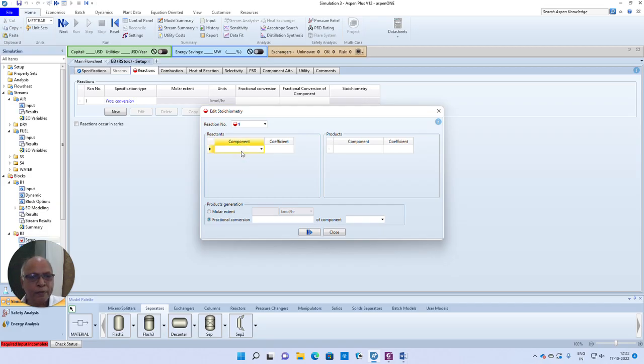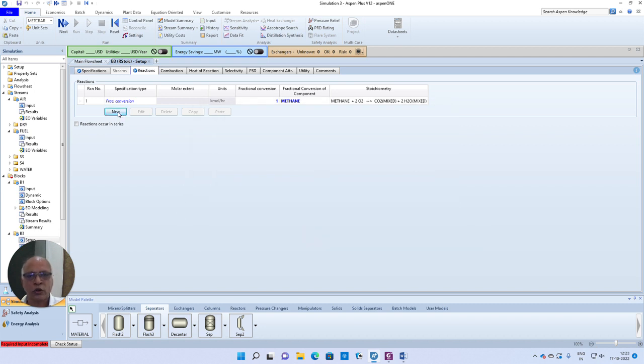We have methane, stoichiometric coefficient 1, reacting with oxygen 2, and giving rise to carbon dioxide 1 mole, and then water 2. And we assume that 100% conversion of methane is going to take place.